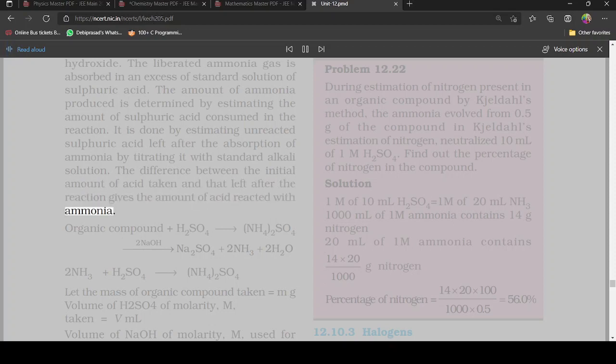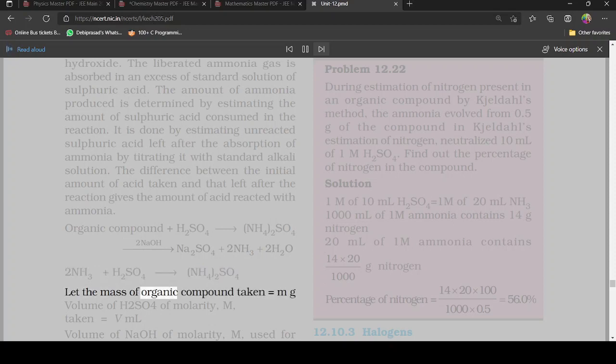Organic compound plus H2SO4 gives (NH4)2SO4. (NH4)2SO4 plus 2 NaOH gives Na2SO4 plus 2 NH3 plus 2 H2O. 2 NH3 plus H2SO4 gives (NH4)2SO4.